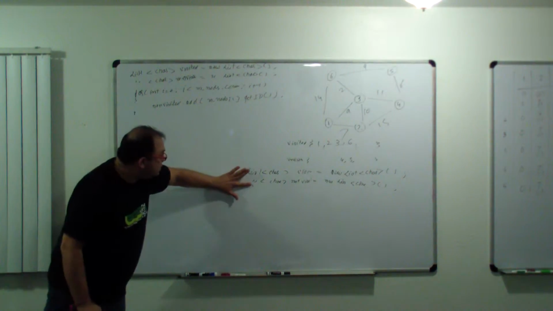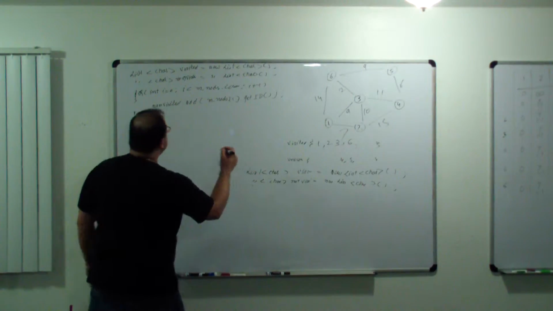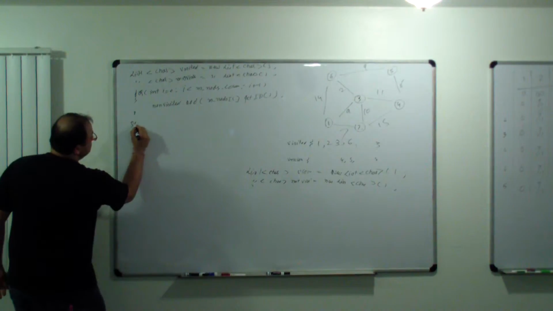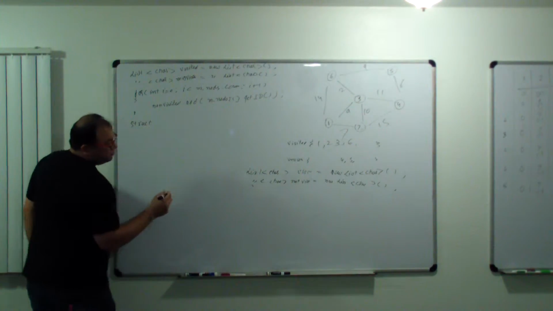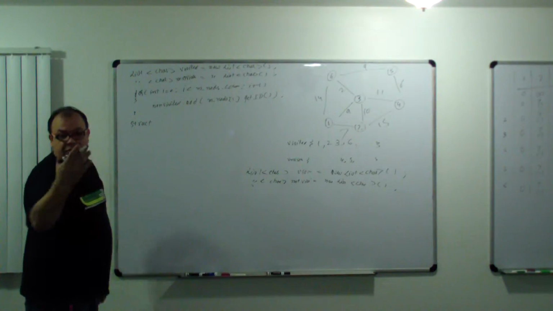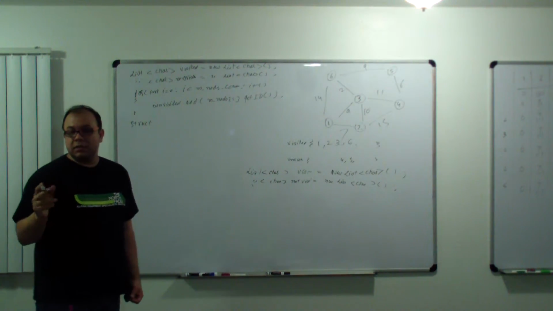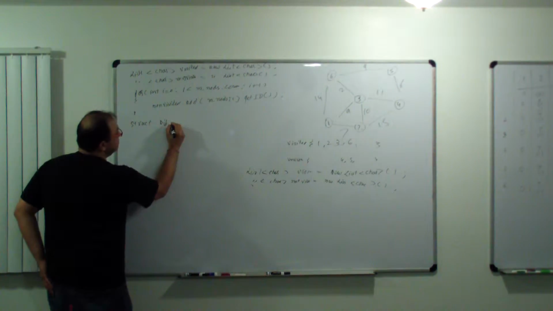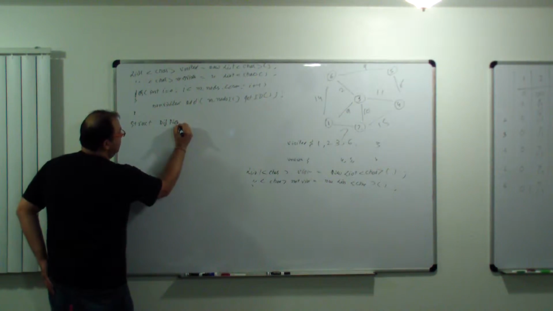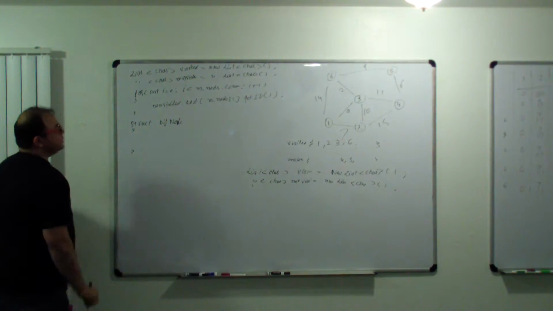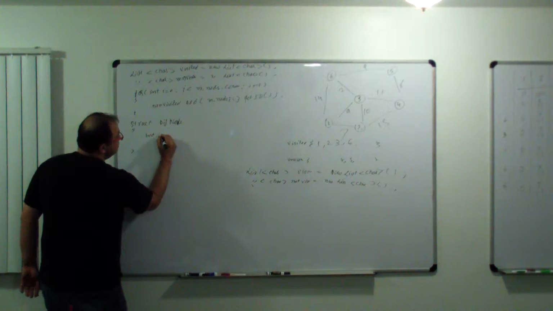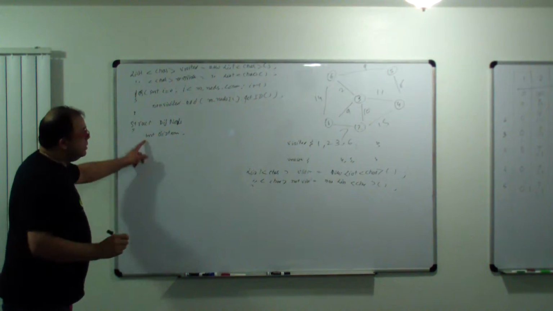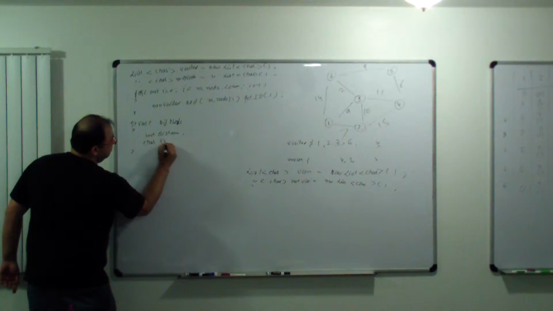Next, these two happened. Next, what we will do is we will create a structure. Give it a name. Structure of Dijkstra's node. Structure Dijkstra's node and integer distance and character char from.